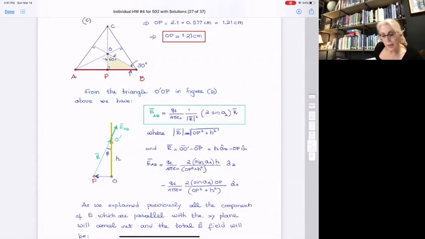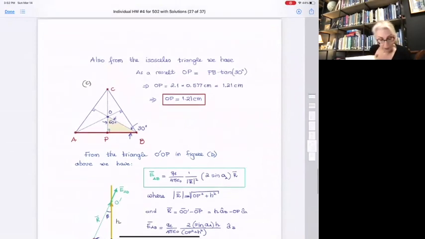I found it on page 121 of the book, section 4.3. It talks about a line charge from a section of a line, and it has a formula that gives the rho component and the z component.